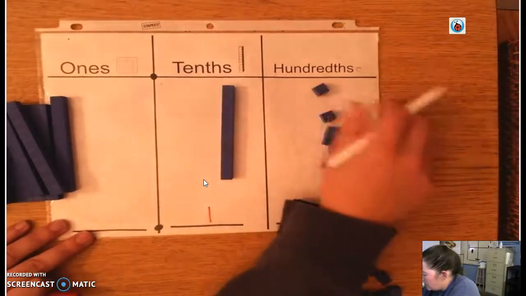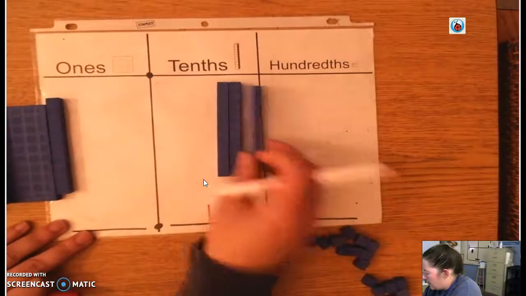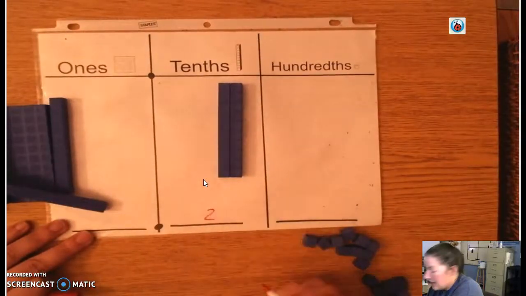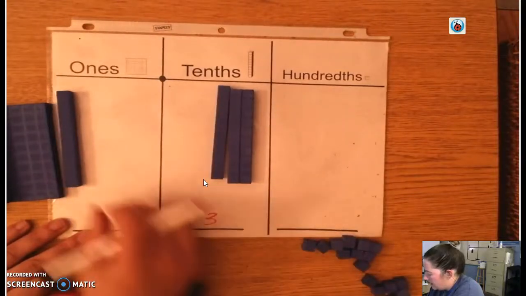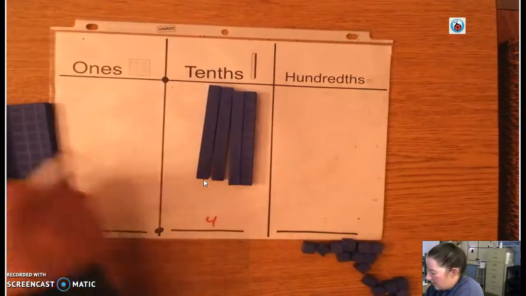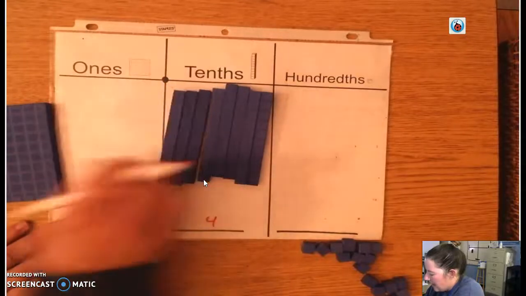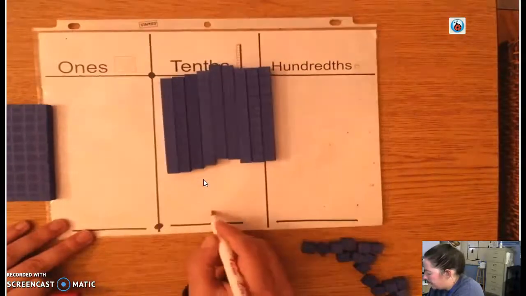So these are going to be my hundredths. Let's say I had a lot of tenths. That's 1/10, that's 2/10, this is 3/10, 4/10. You get the picture. 5/10, 6/10, 7/10, 8/10, 9/10 would be written like this.